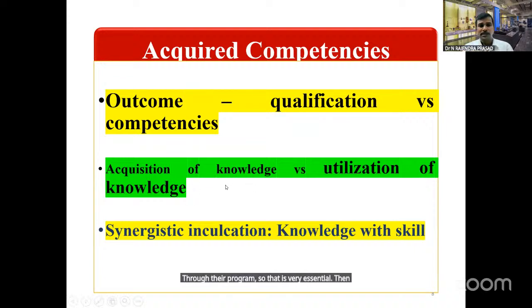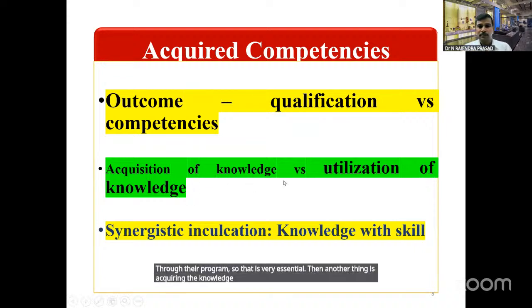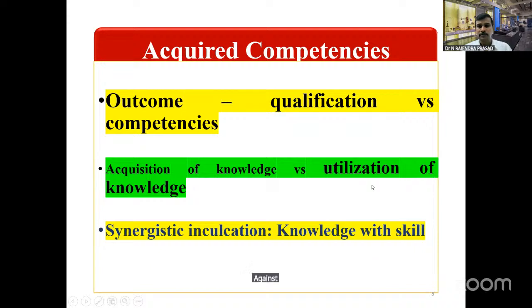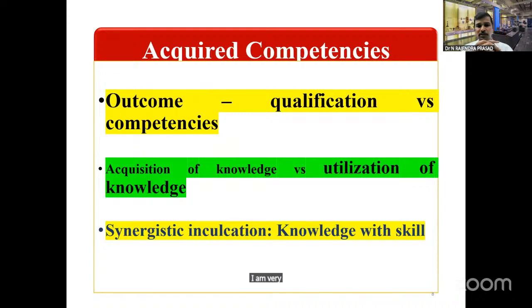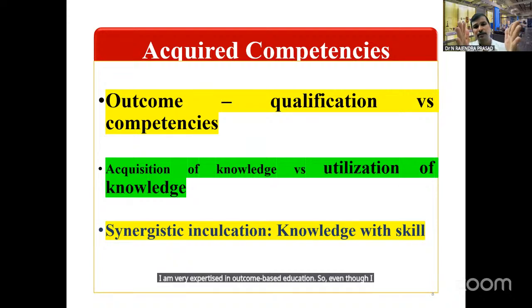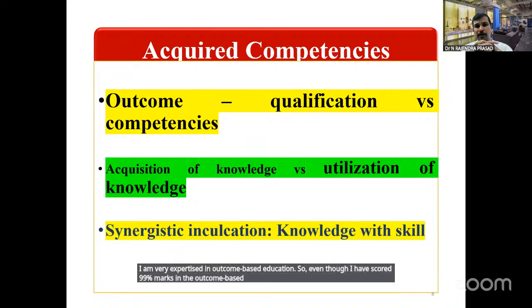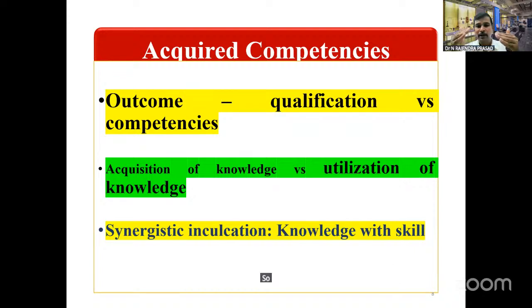Then another thing is acquiring the knowledge against its utilization. Of course, I have knowledge. I have a double degree, triple degree. I am very expert in outcome-based education. So even though I have scored 99% marks in the outcome-based education topic, if I am not able to convey the matter related to outcome-based education to the audience, what is the use of that? So I have knowledge in chemistry.